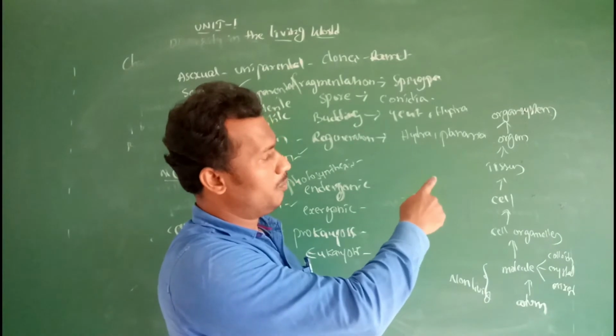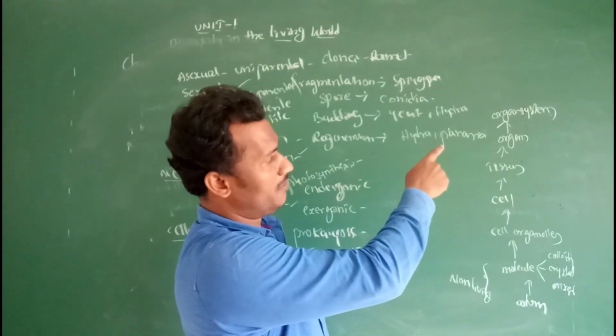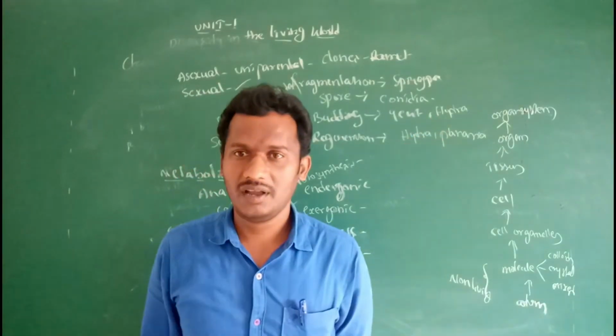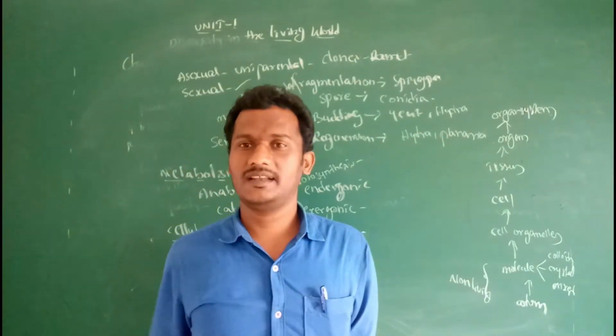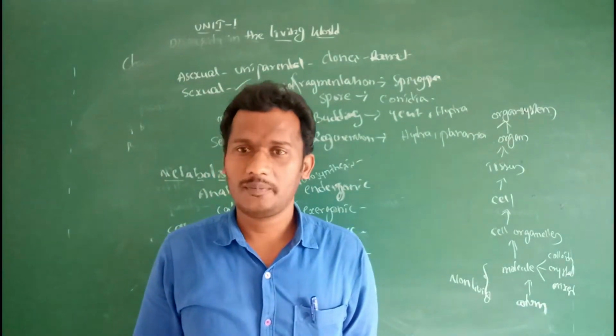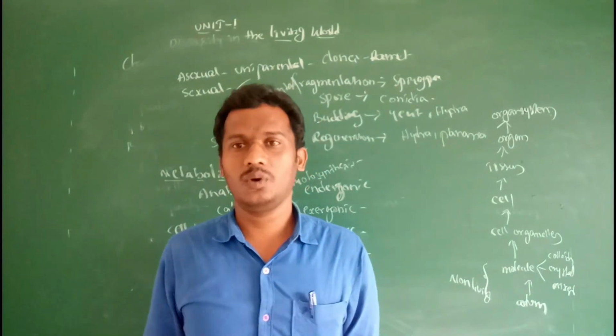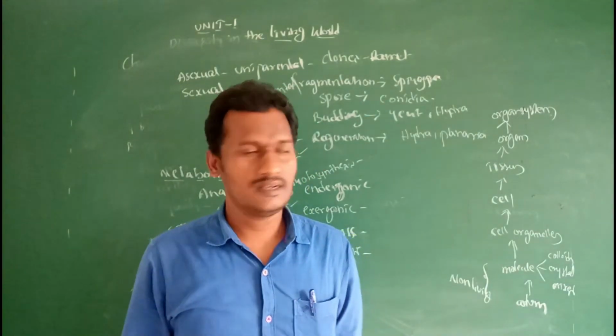A group of similar tissues forms an organ, and a group of related organs forms an organ system. True organ systems are present in animals. In plants, true organ systems are absent, but a root system and shoot system are present, which are not true organ systems like in animals.